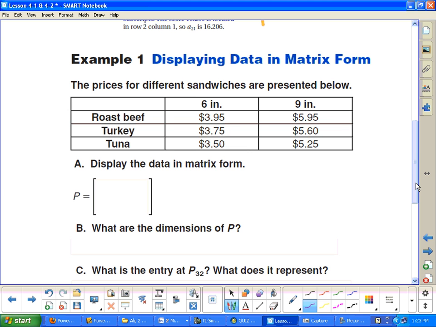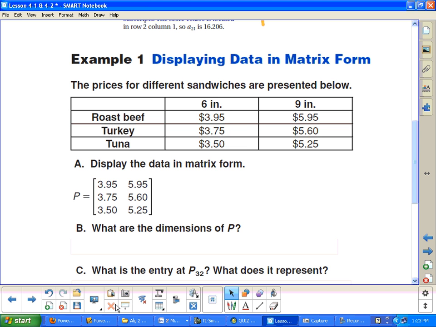And the column that's 9 inches, we'll just put those numbers in the matrix. So our matrix that represents this data would look like this. It basically looks just like the data. All we're doing is getting rid of the names and removing all the lines.